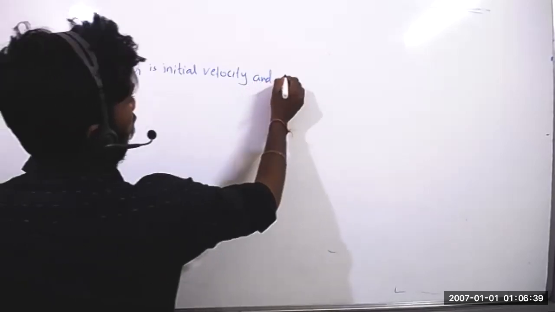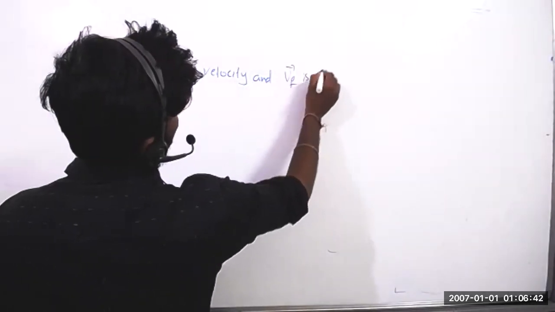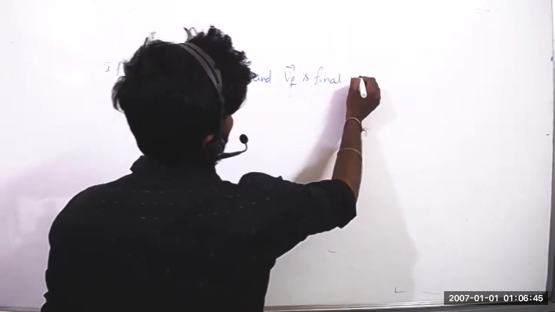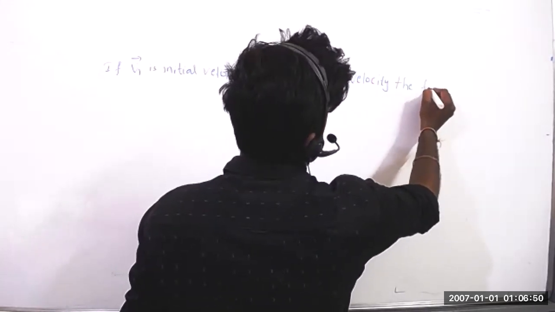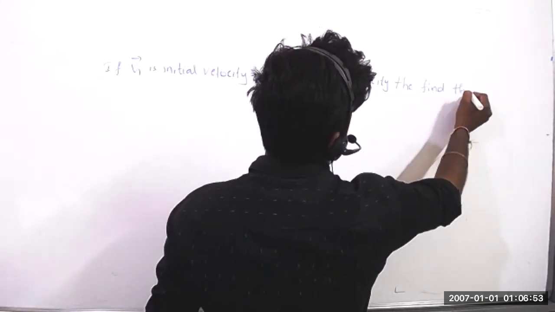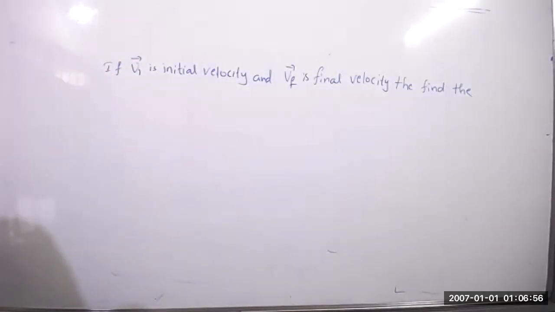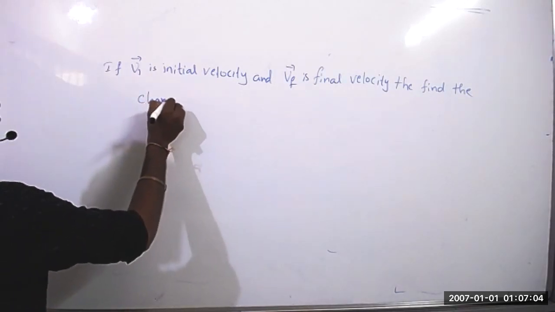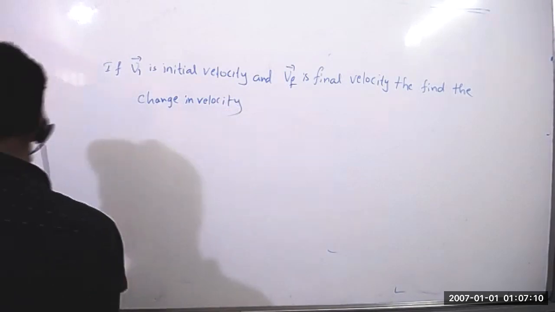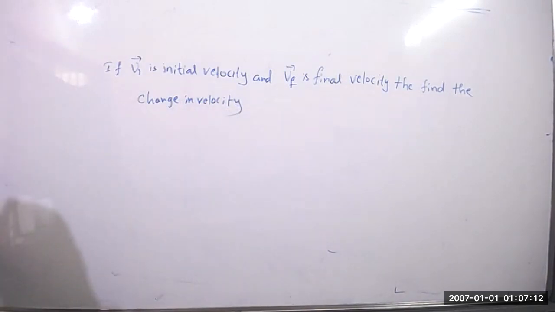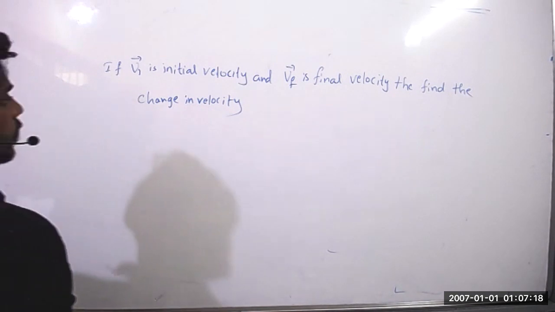And Vf is the final velocity. Then find the change in velocity.